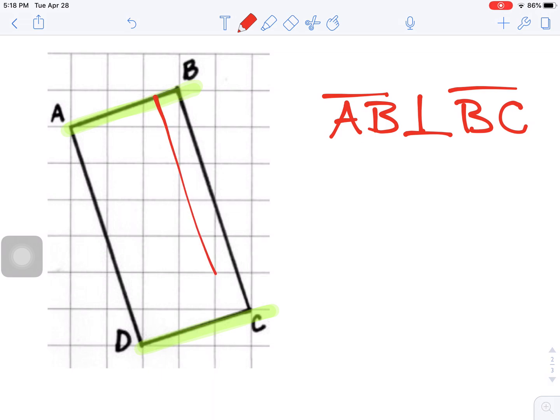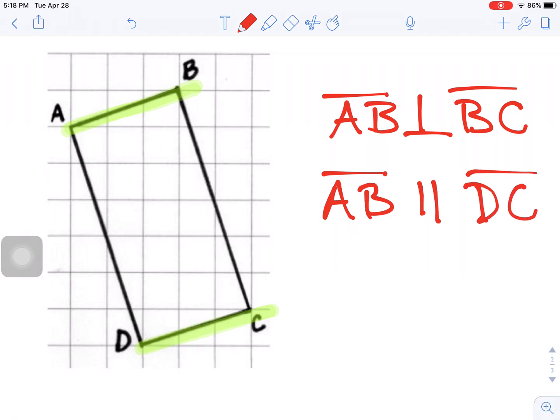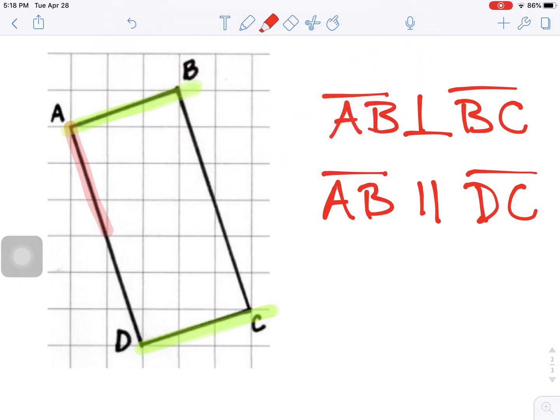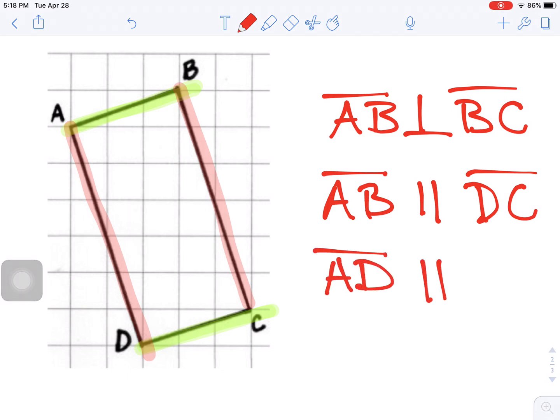So that means line segment AB is parallel to line segment DC. Are there any other line segments that are parallel? Here, AD looks like it's parallel to BC. They are about an equal distance apart, so they will never touch. So I would also say line segment AD is parallel to line segment BC.